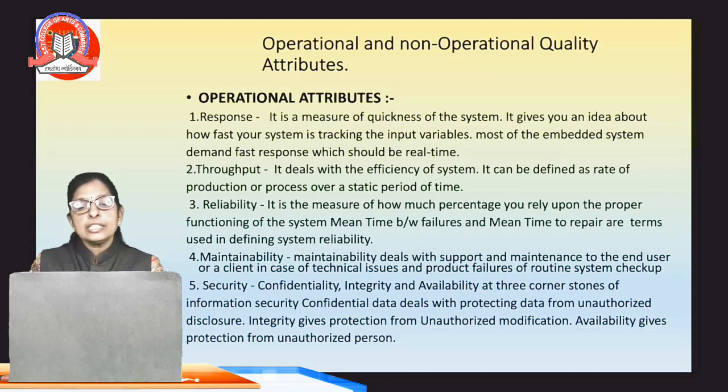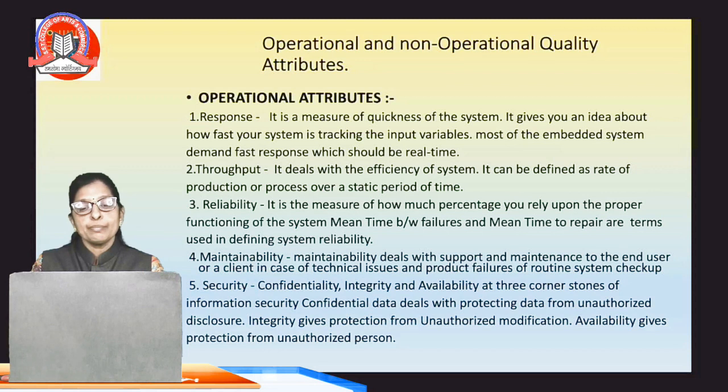Now the third one is reliability. It is the measure of how much percentage you rely upon the proper functioning of the system. Mean time between failure and mean time to repair, that means the timing between failure and repairing, are the terms used in defining system reliability.